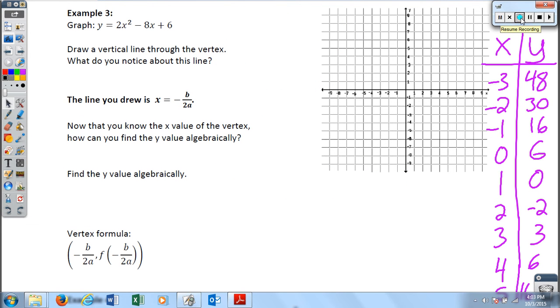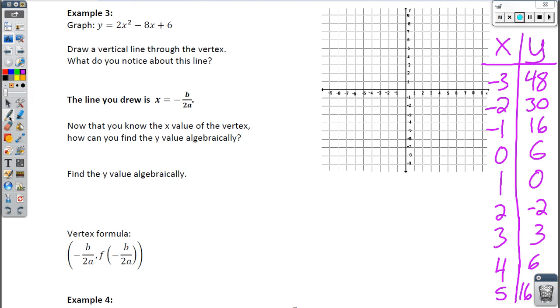So I just went through and plugged in a whole bunch more numbers into this graph, and we get that table there. So let's plot some of these points, at least the ones that we can plot. There's the point 0, 6, which is the y-intercept, where x is 0. There's the point 1, 0, which is an x-intercept, because y is 0. 2, -2. 3, 3.